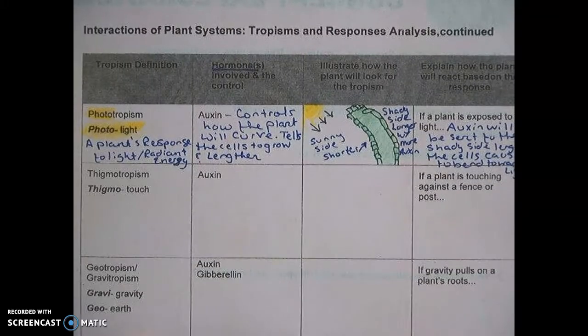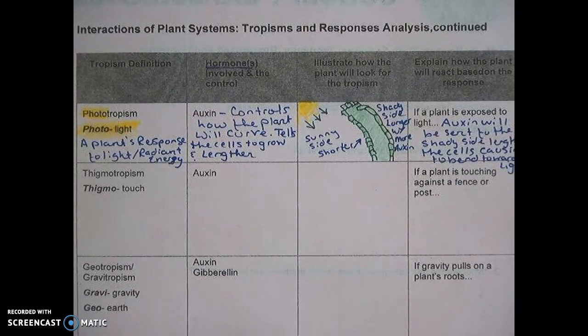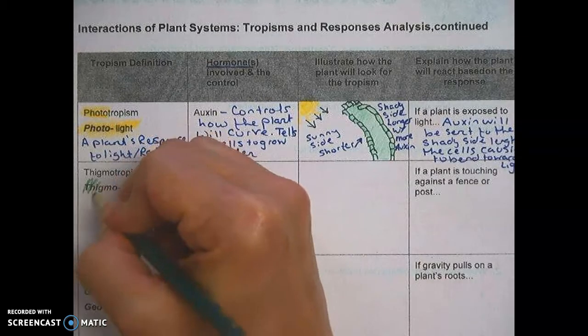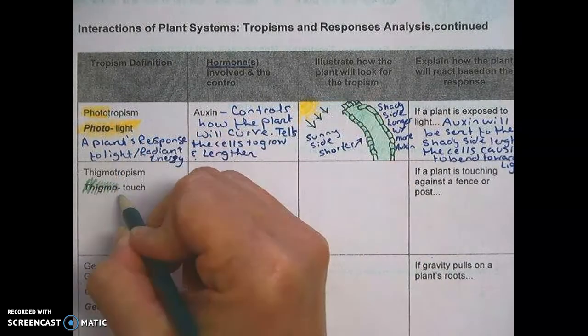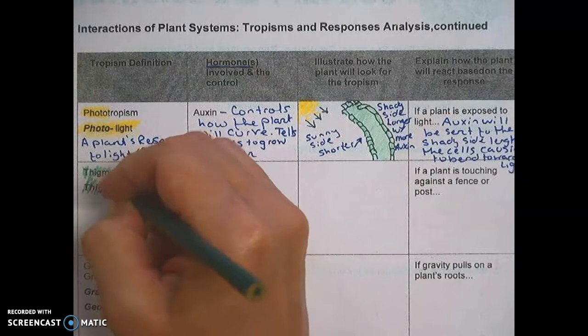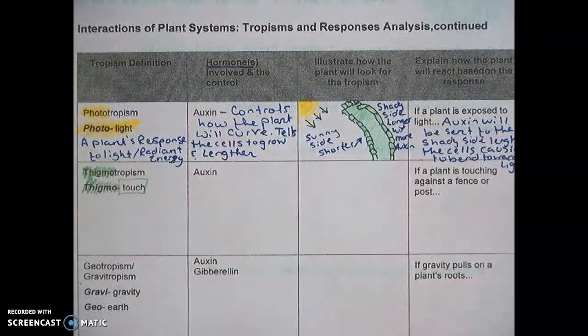Okay, next up is something called thigmotropism. So thigmotropism is a response to touch. Thigmo means to touch. Tropism is a response to an external stimulus. Again, the hormone involved is auxin.